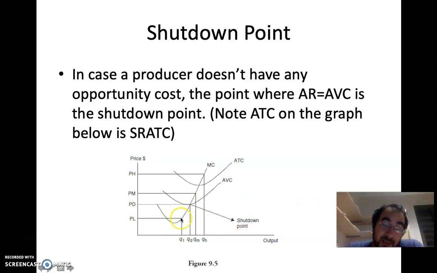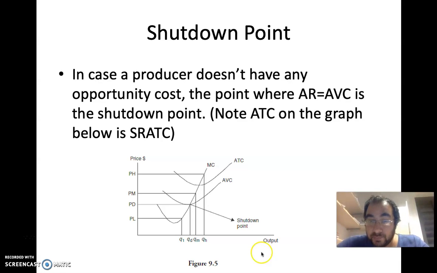The loss minimizing point after the company starts producing is still Q1, but the level at which the company will choose to produce is 0. At PD, you might say 0, you might say QD. I mean, the company is just indifferent. At PD, you might say the company will produce QD or 0, both are okay.